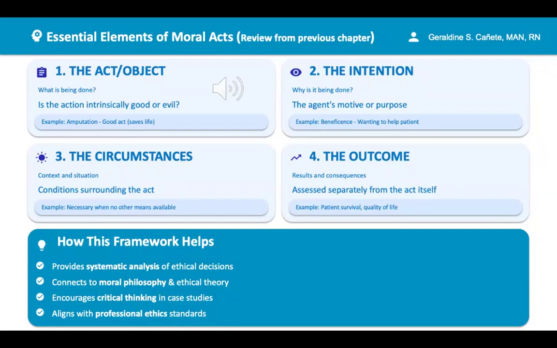What is the outcome of administering that medication? Okay, so you can reflect on it and try to determine these elements of this action, the administering medication.